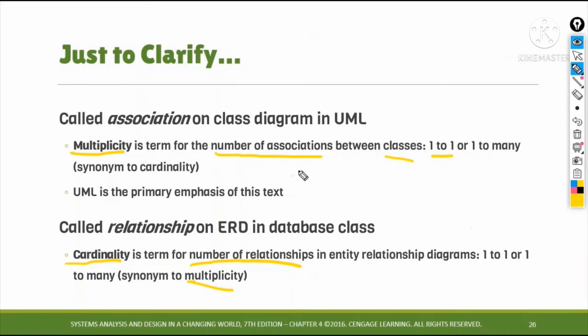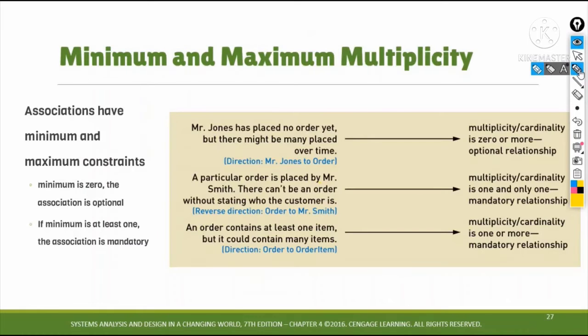Multiplicity is established for each direction of the associations. The figure here shows a list of examples of cardinality and multiplicity associated with an order.